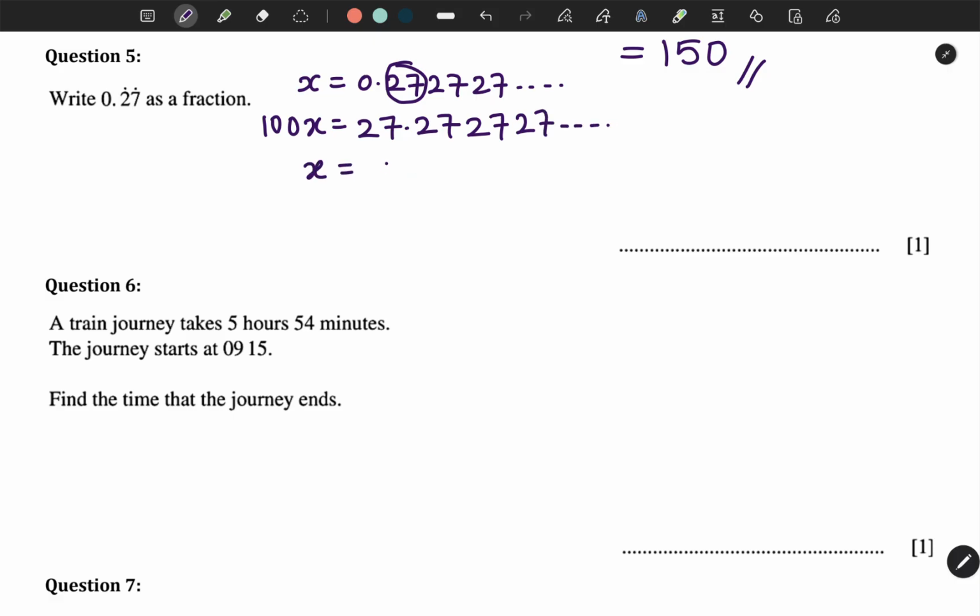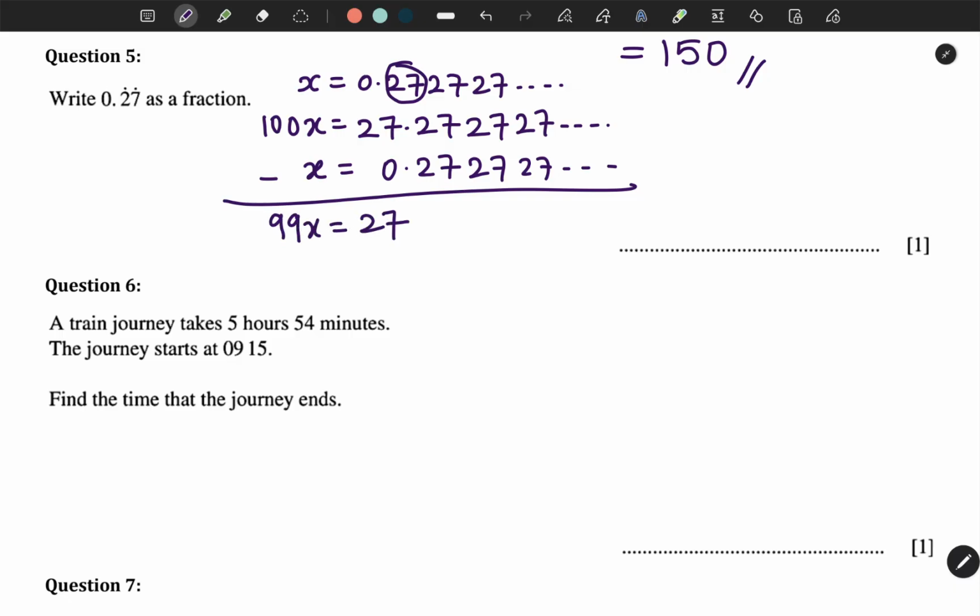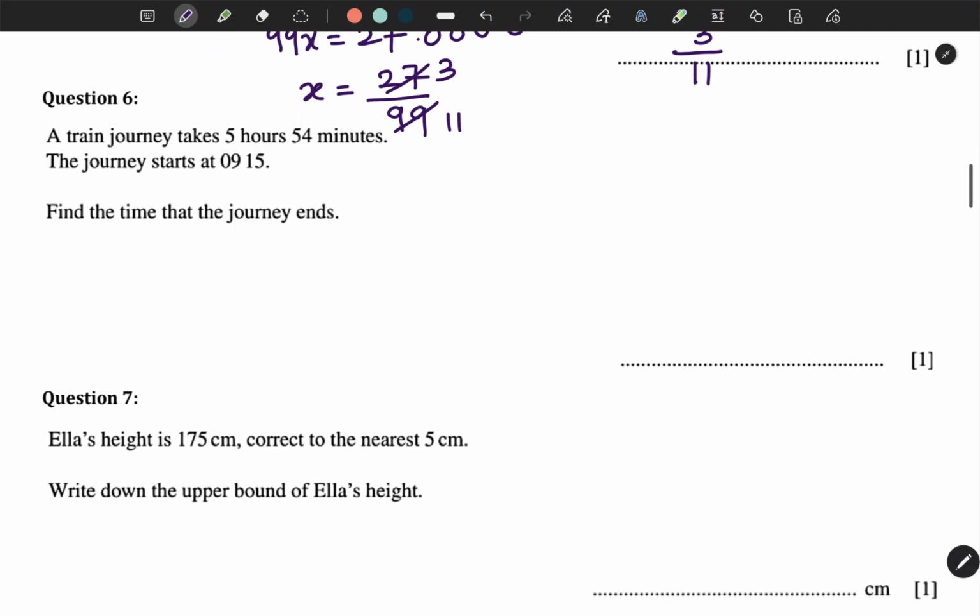Subtracting the given number from this one, I would be able to get 99x is equal to 27, and all this 2727 are going to give me zeros. This gives me x equals 27 over 99. And simplifying it, we would get 9 times 3 over 9 times 11, which is 3 over 11 to be the fraction of the given recurring number.